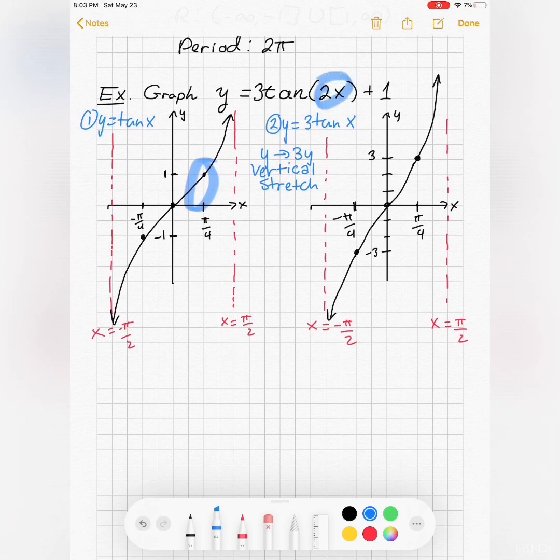Okay, now I need the other multiplication, the 2. That's affecting the x. That happens opposite of what I would expect. So I actually divide the x by 2.